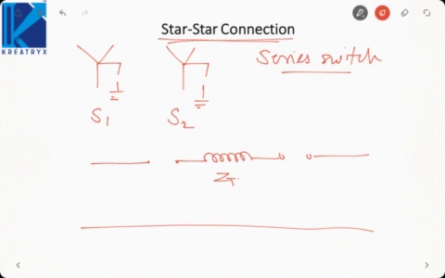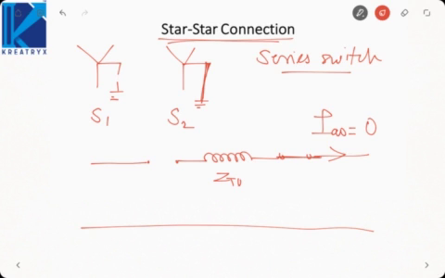So this will be the zero sequence circuit of a star-star connection with an ungrounded neutral. Now as this circuit is open circuited, zero sequence current is 0. Which shall be the case because there is no neutral grounding, hence zero sequence current cannot flow. Now suppose I ground this neutral, then this point here will be shorted.